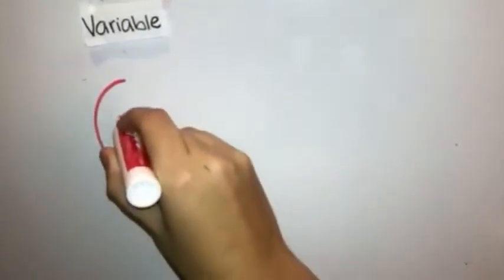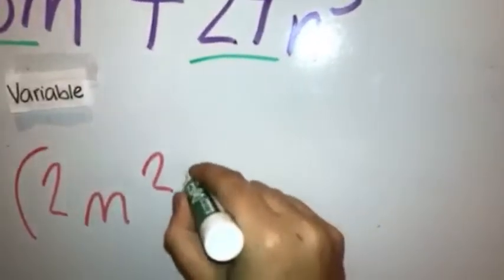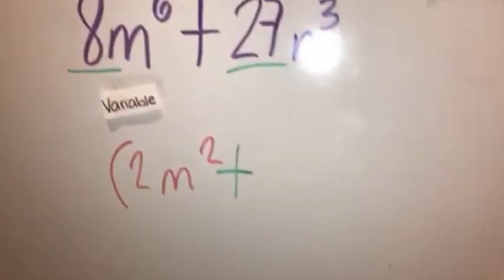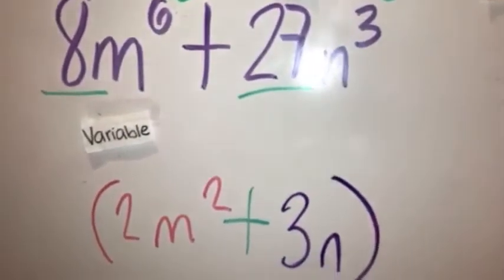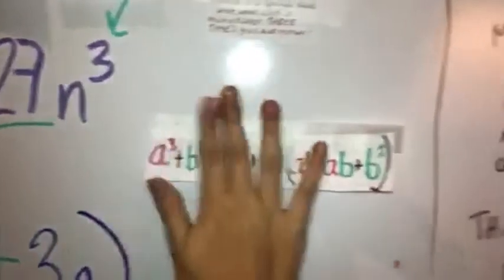Then, write the first parenthesis with the cubic root of each variable and coefficient. Since we are finished with our first parenthesis, we need to write our second parenthesis, which will be a trinomial.